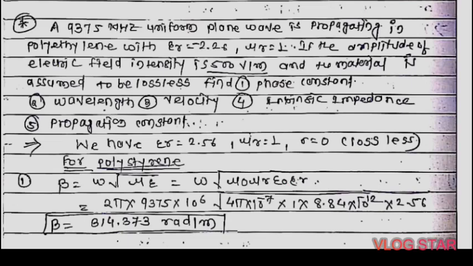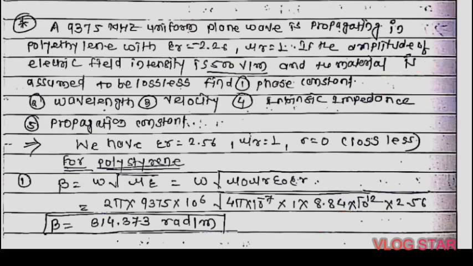If we simplify this equation, then after calculation beta is equal to 314.373 radian per meter, the value of the first parameter, the phase constant.